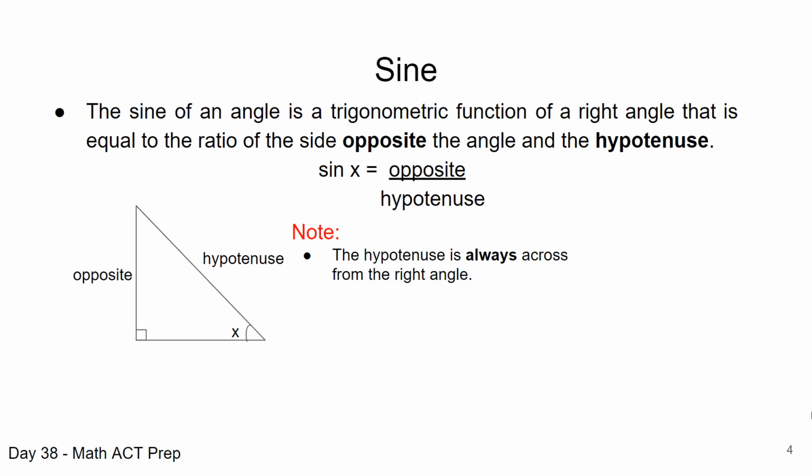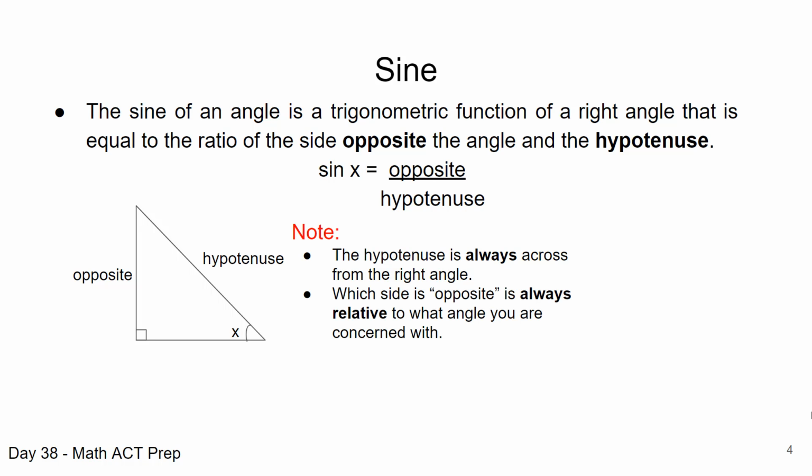So we always need to make sure that we're talking about the correct side lengths of the triangle, and we have the hypotenuse here. Now the opposite side length is always relative to whatever angle we're talking about. So in this case, the side length that's opposite this x angle is the one we've labeled opposite.